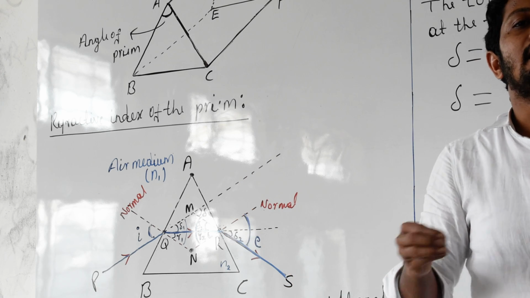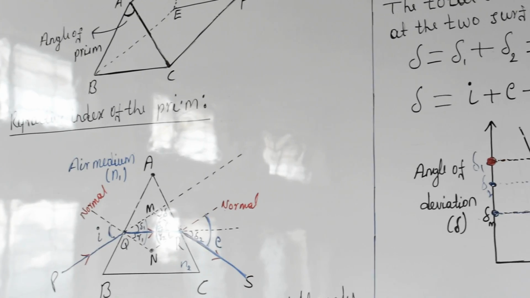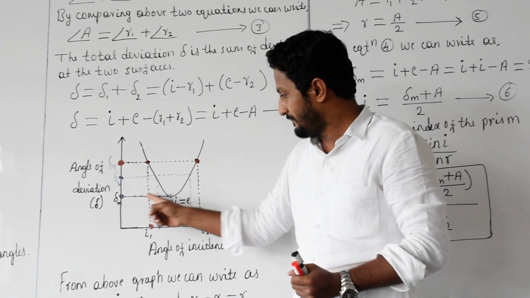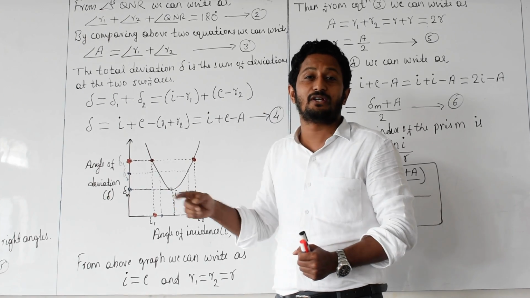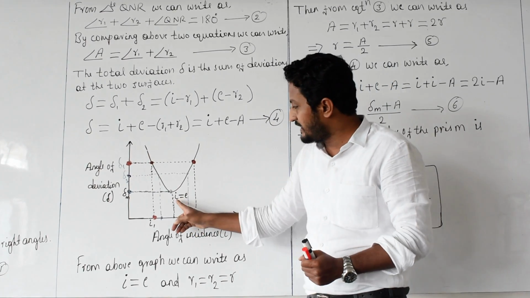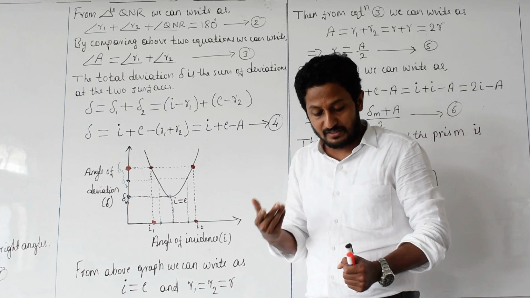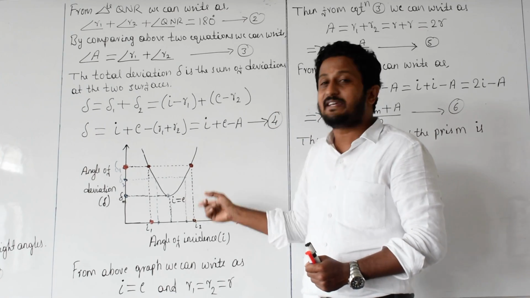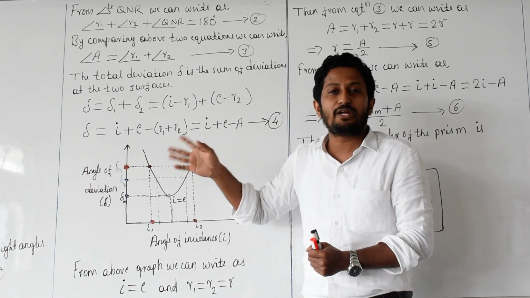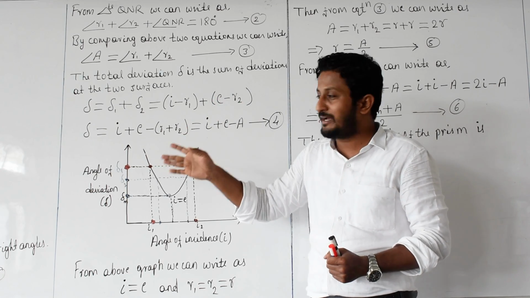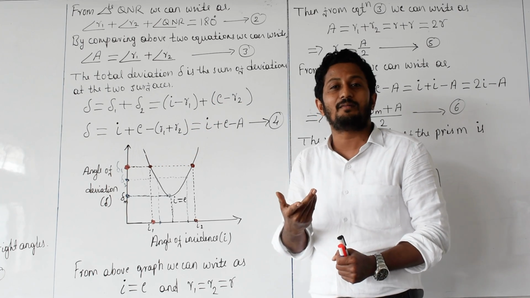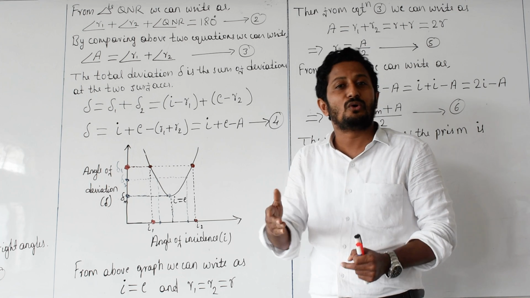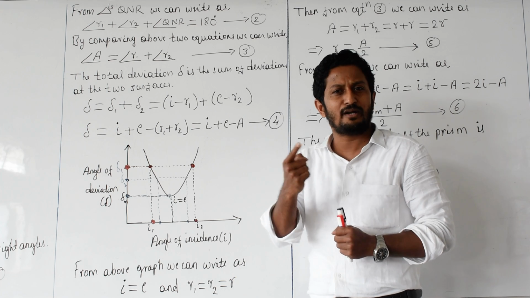According to that diagram also, we can conclude that at minimum deviation, both the angle of incidence and angle of emergence are equal. When I and E are equal, according to that ray diagram, we can even say that R1 is equal to R2. Getting what I mean to say?